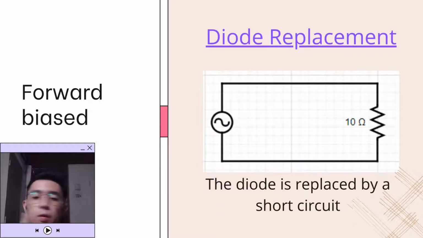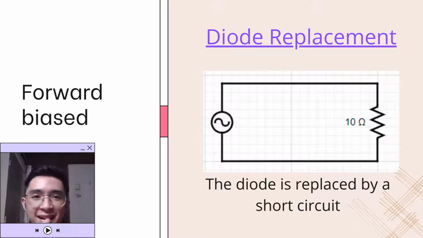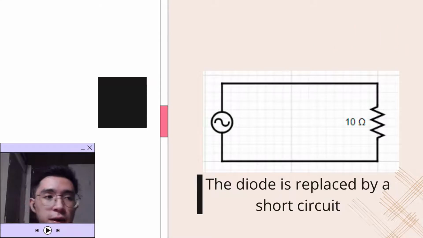Okay, so for forward bias, the current is moving in the direction of the diode. So if the diode goes this way, the current also goes that way. This means that the current can flow through the diode because it's in the same direction as the diode. So we change the diode into a short circuit. This is just for analysis, as there is a different calculation on the diode.